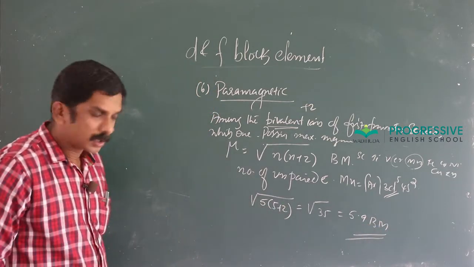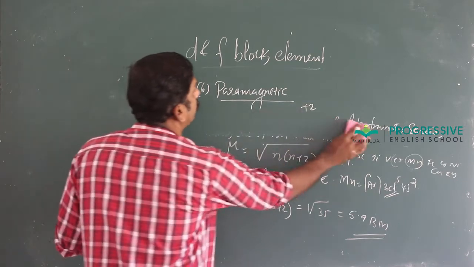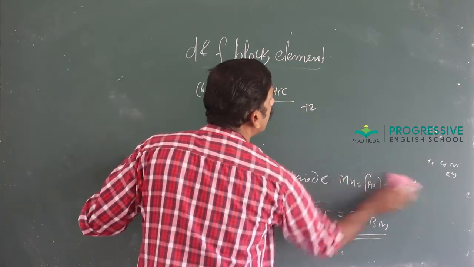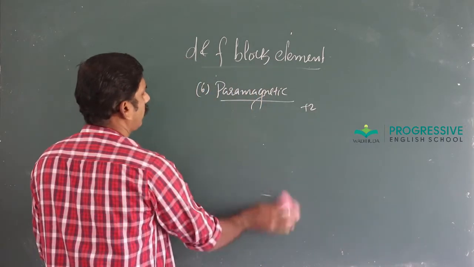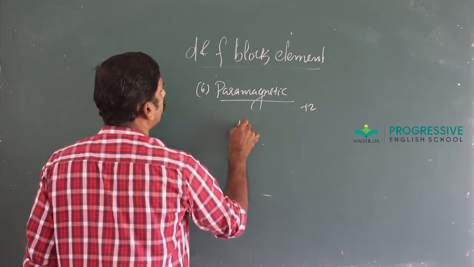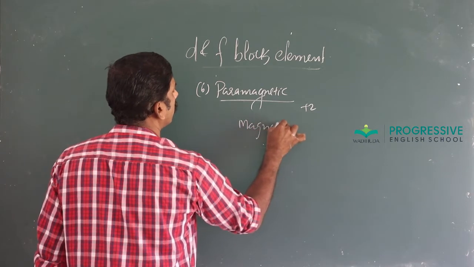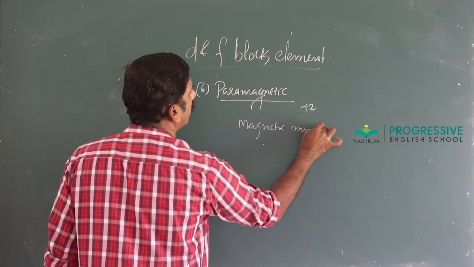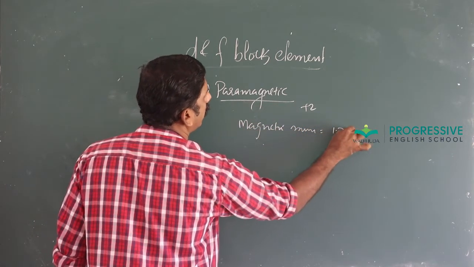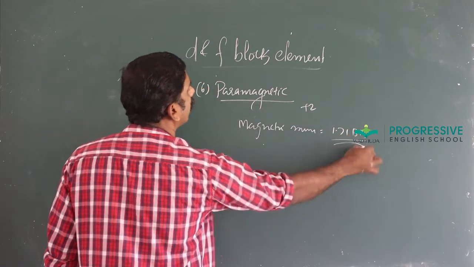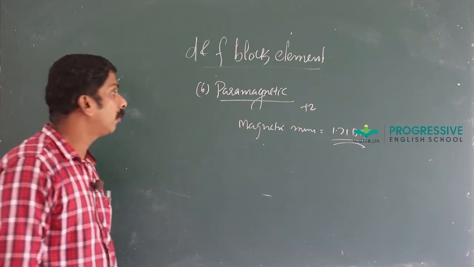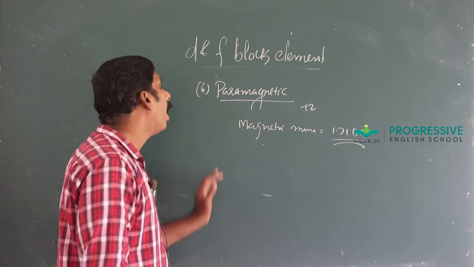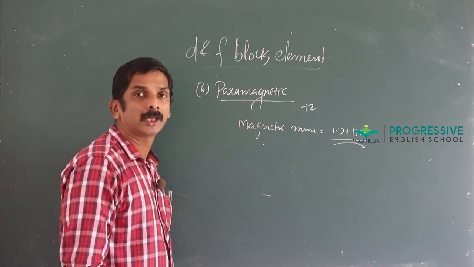Similarly, a question asks: the magnetic moment of an ion is found to be 1.71 Bohr magneton. How many unpaired electrons are there?